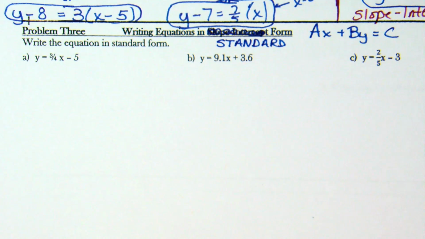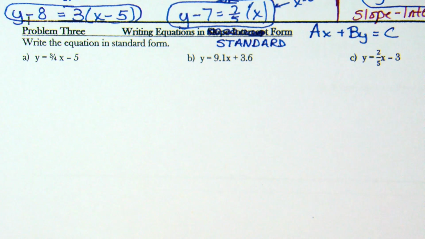Okay, so first of all, there's a fraction in there, yes? Is 3/4 an integer? No, integers are positive and negative whole numbers. So that's not an option. So we're going to have to get rid of that fraction. And that doesn't just mean change it to a decimal. We'll want to get rid of that denominator.